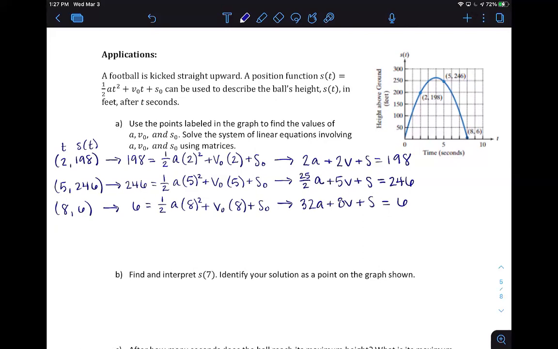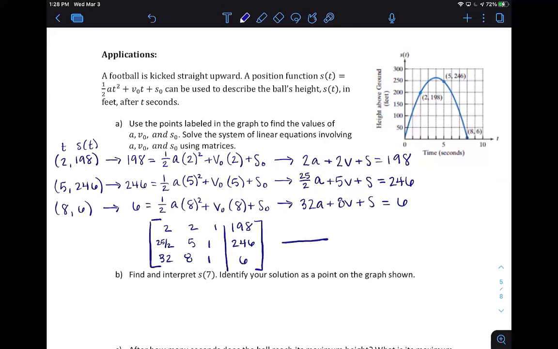So now we can rewrite that as our matrix. So we have 2, 2, 1, 198. We have 25 halves, 5, 1, 246. 32, 8, 1, 6.